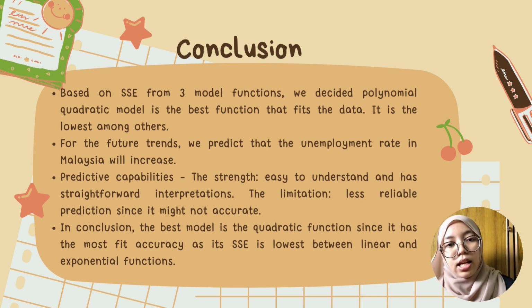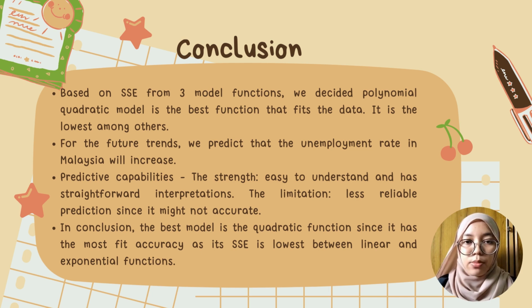In conclusion, from this dataset and three model functions, the best model is the quadratic function since it has the most fit accuracy as its SSE is lowest compared to the linear and exponential functions. Even so, its limitation needs to be underlined since the prediction may not be accurate beyond the range of observed data.